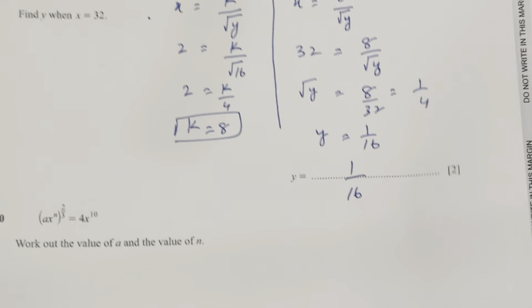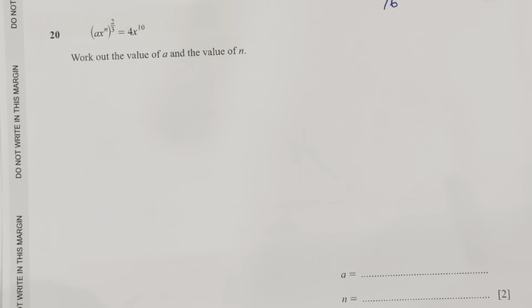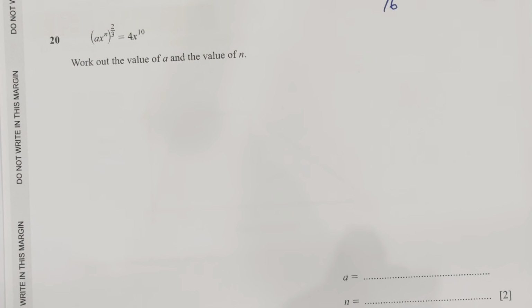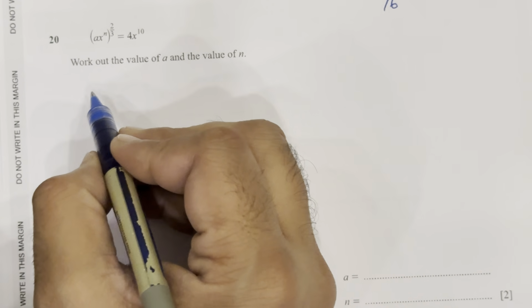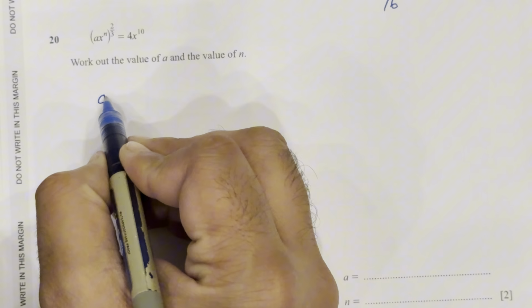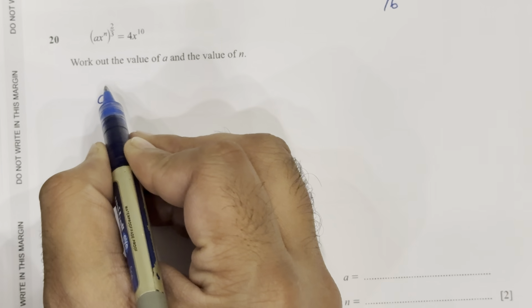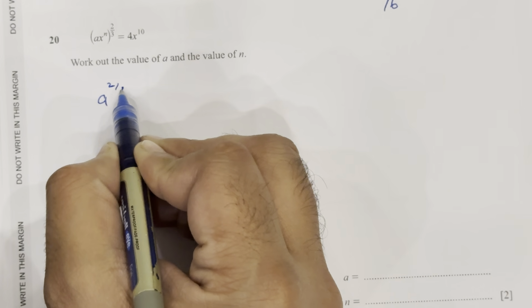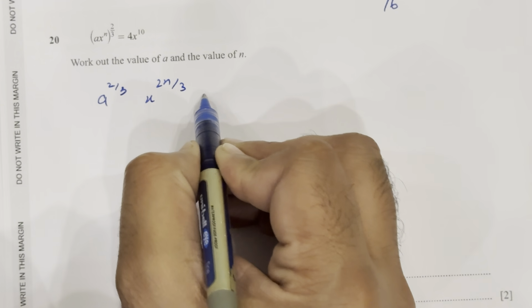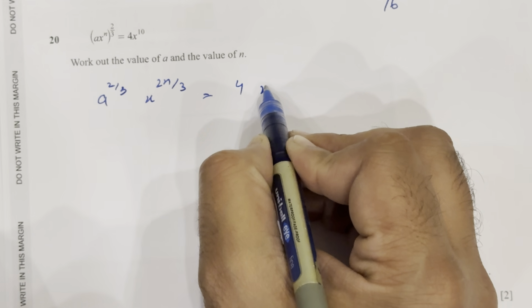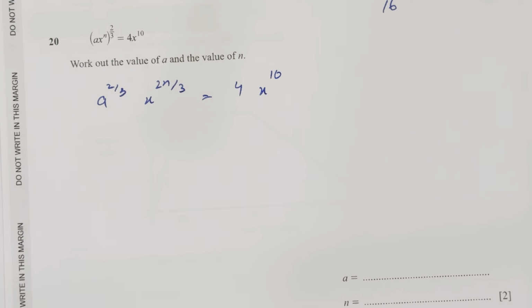Moving to question number 20, that is from the topic of indices. a x to the power 2n by 3 is equal to 4 x raised to power 10. So first we need to take the power: a to the 2 by 3 times x to the 2n by 3 is equal to 4 times x raised to power 10.